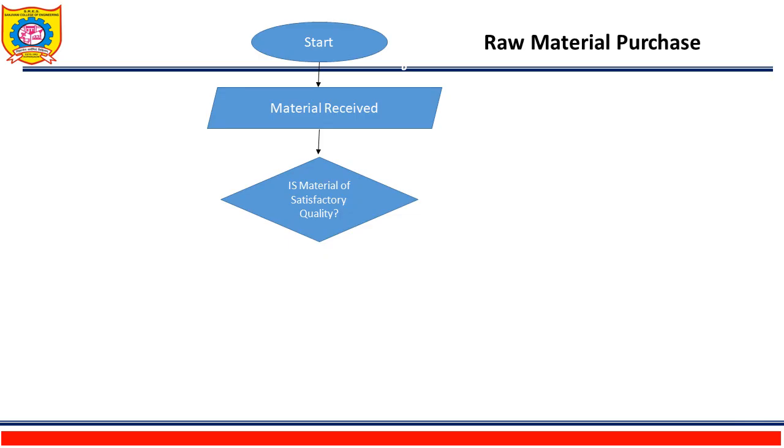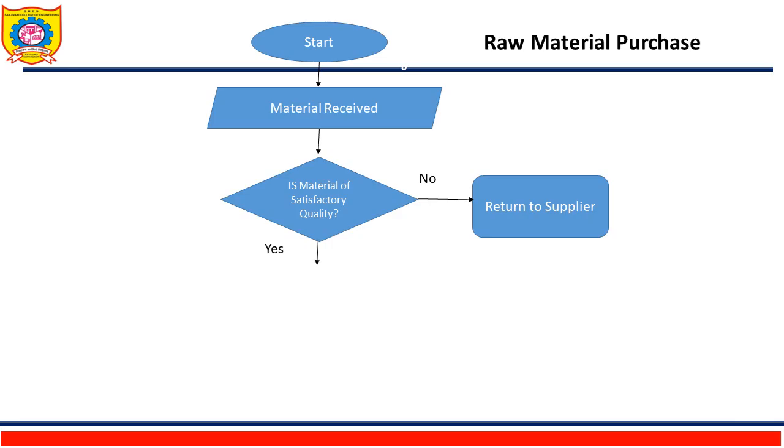This is checked by the quality inspector. If he says no, then what is to be done? Return the material to the supplier. If material is not of satisfactory quality, then you return that material to the supplier.